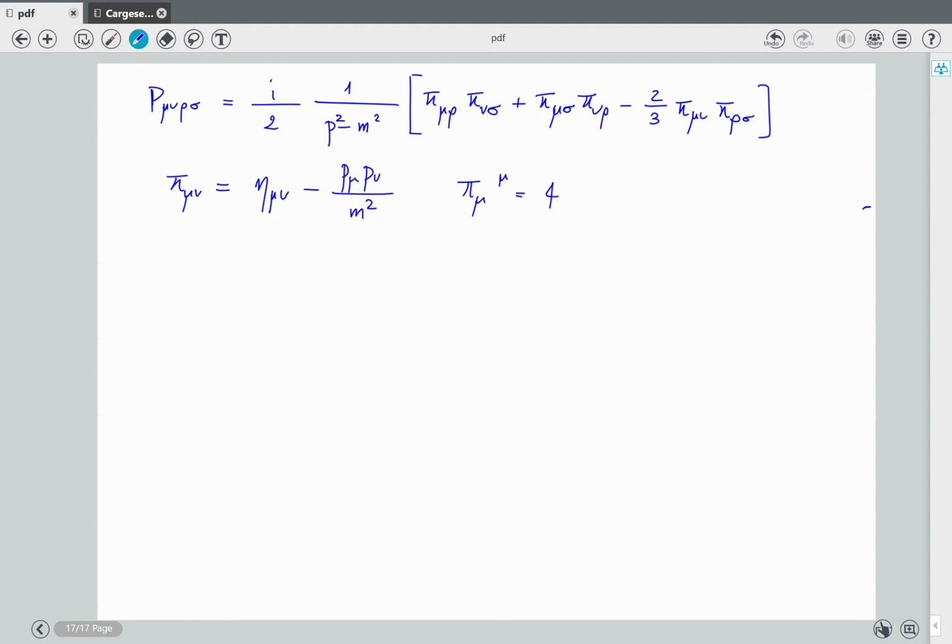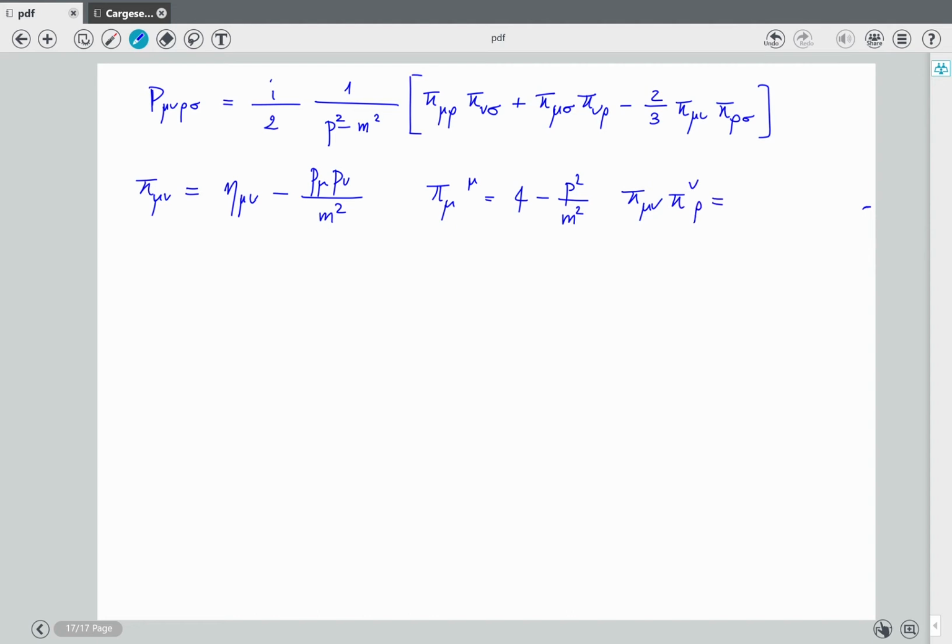equal to 4 minus p squared divided by m squared. Let's also compute the contraction of two pi's, the product pi mu nu pi nu rho.